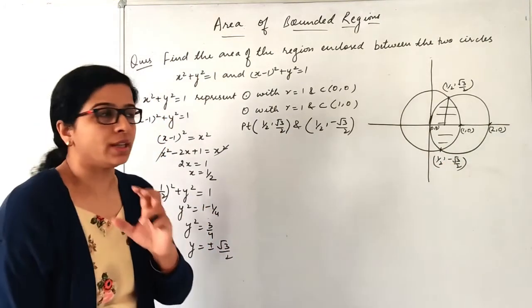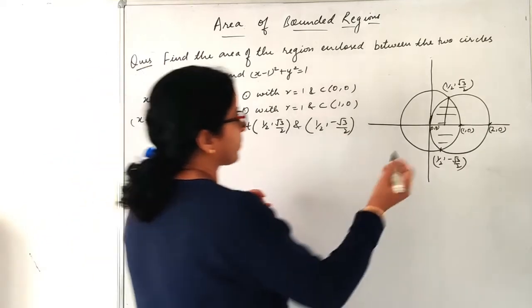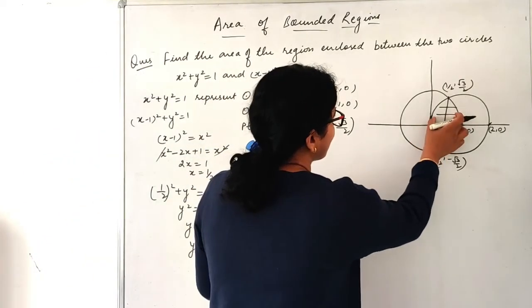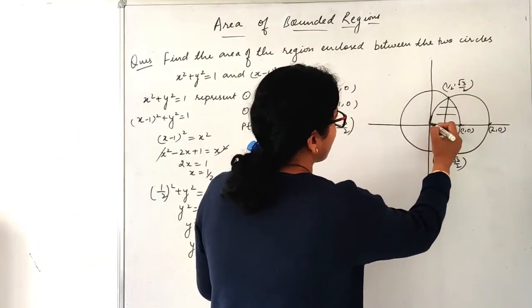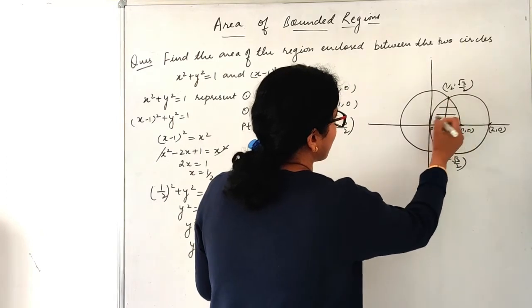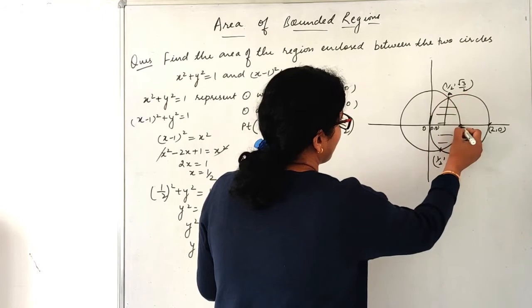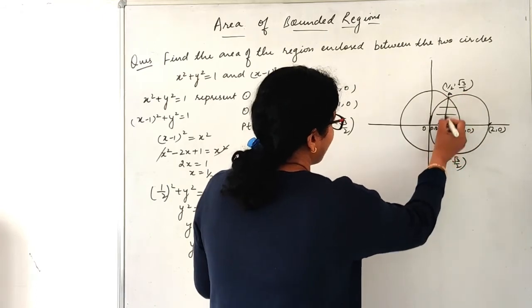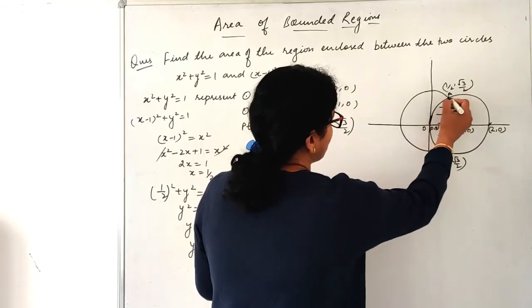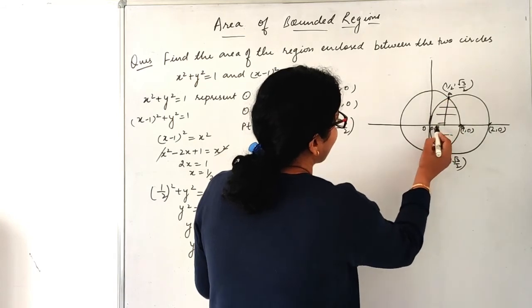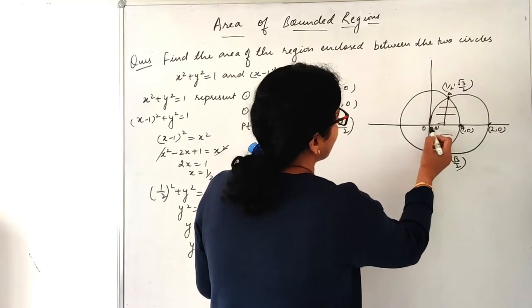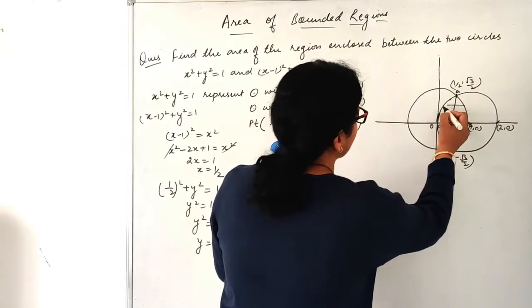Now we have to find the bounded area. Okay. Since this part and this part are symmetrical, what we can do is find the area of this region and multiply by twice. Okay. O, A, B, right? Now if I check, we have a change in the values from here. I cannot directly integrate 0 to 1, right? So now let us slice this area into vertical strips.